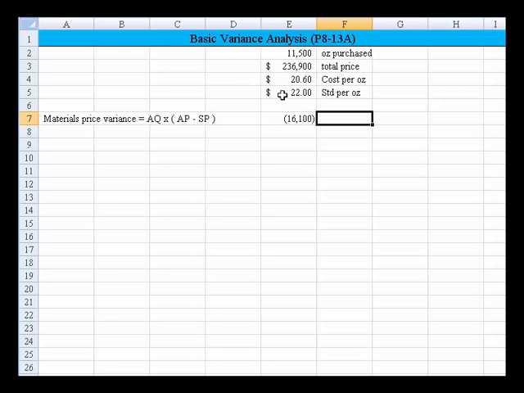Okay, and that's showing it in brackets because the actual price was actually less than the standard price. So this represents a favorable variance. Now, what I'm going to do is reverse the signs. Rather than showing favorable in brackets, even though that represents a credit, I prefer to use positive variance as being positive and negative as being in brackets. So what we come up with is 16,100 favorable price variance.